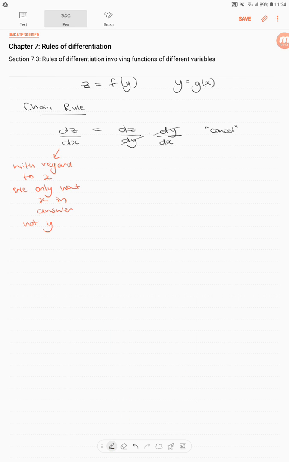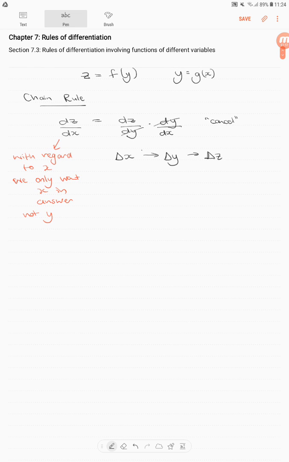So we have our change in x, which changes y, that changes z. The change in x to the change in y happens via the function g. The change in y to the change in z happens via the function f.